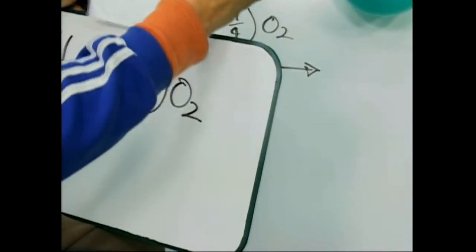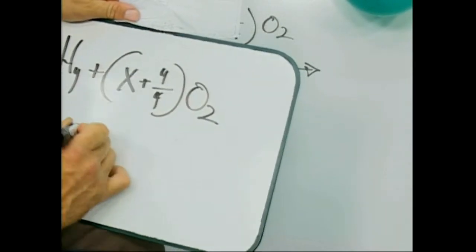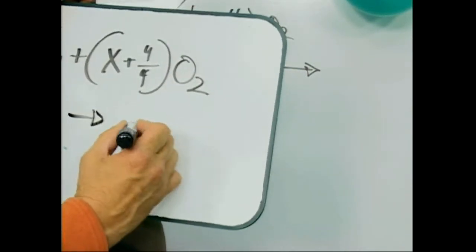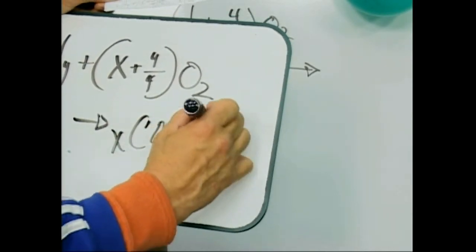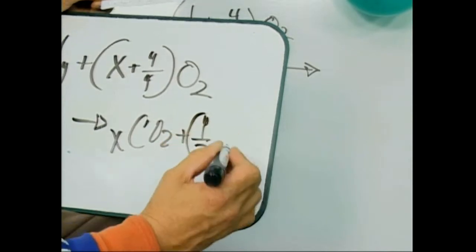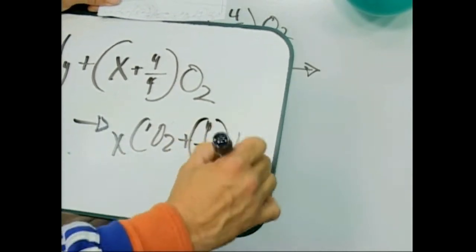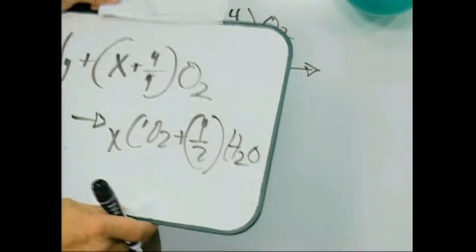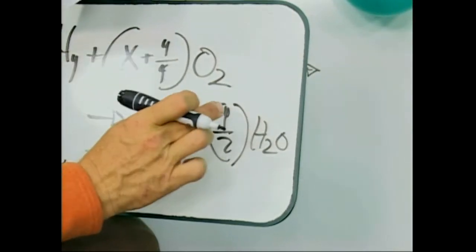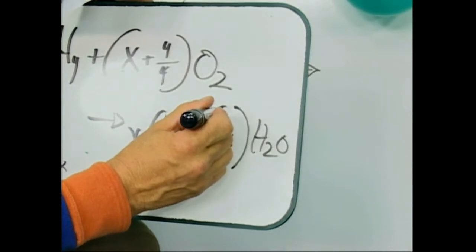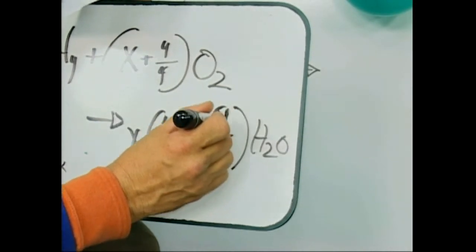So the rest of the formula goes on to say x CO2s plus y over 2 H2Os. So bear with me. This is algebra, so we gotta learn a little bit of algebra here to survive in the world. You think you don't need it, but you do.